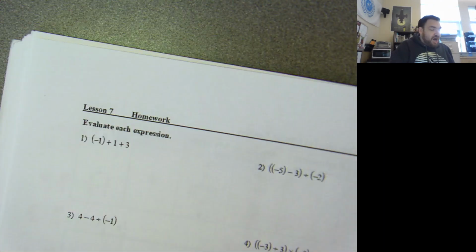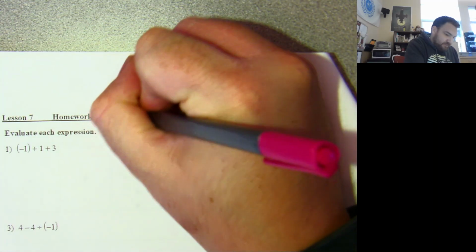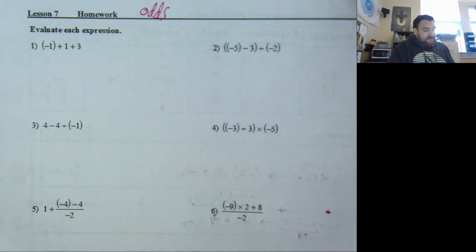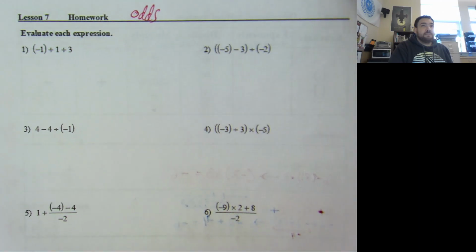We're going to start with odds. And we're going to see how far we get. There's only 25 minutes left. Start with odds. If you finish the odds, then at that point go back and take a look at evens. But start with the odds, and you can go from there.